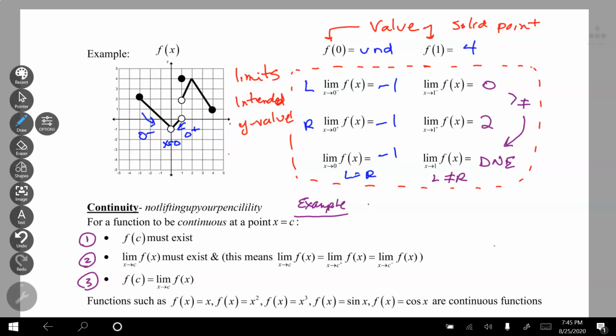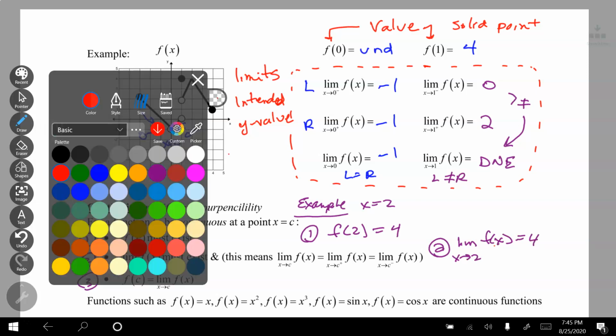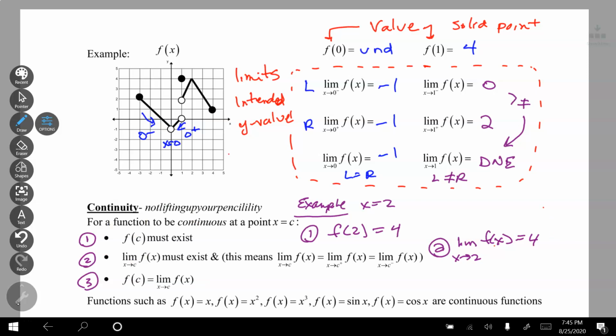So if we look at the example at x equals 2, part 1, f of 2 is equal to 4. That is for sure. Part 2, the limit as x approaches 2 of this function is also equal to 4, because if you look at the left side and the right side, the left limit is equal to 4 on the left side of 2, and the right limit is equal to 4 on the right side of 2.